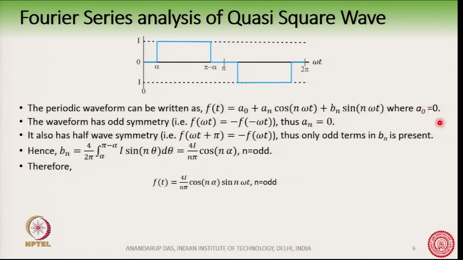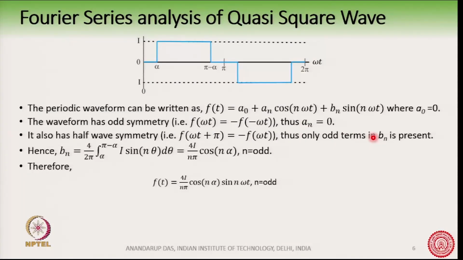From observation we see that A0 is 0. This waveform has odd symmetry because f of omega t is minus of f of minus omega t. So whatever is happening at omega t, the negative is happening at minus omega t. Therefore, we can say that the An terms are 0.